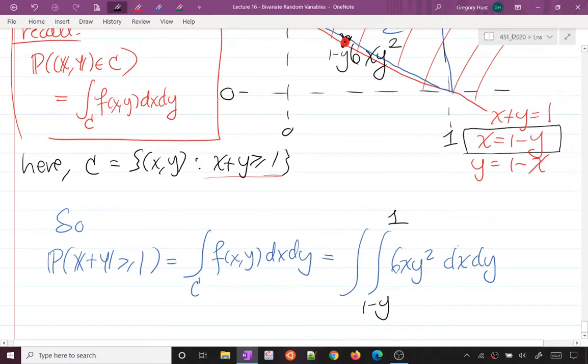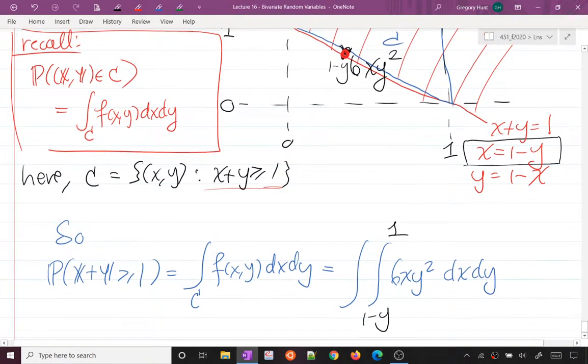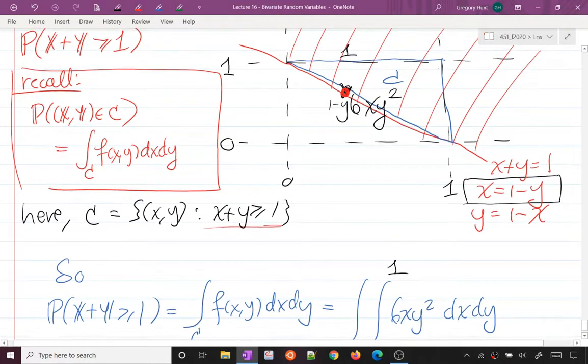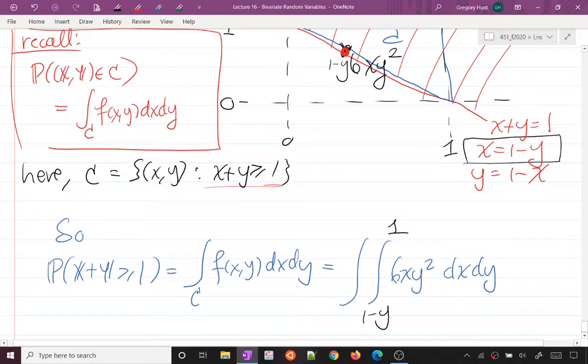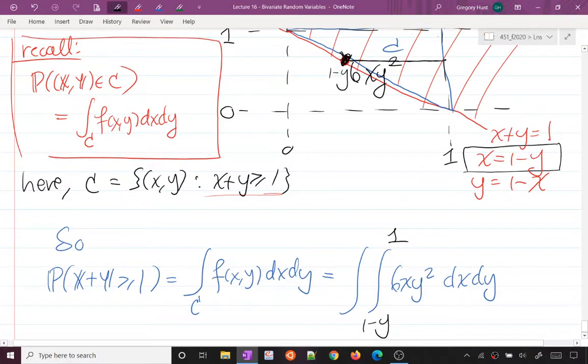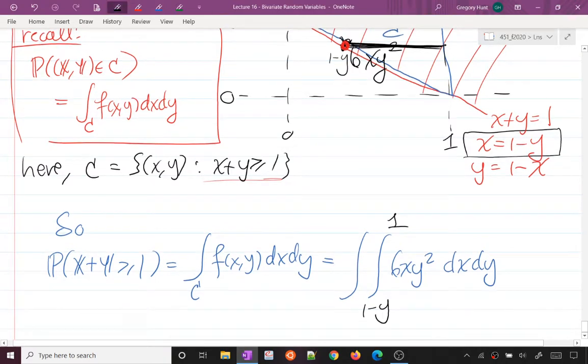If I fix, on my inner integral with respect to x, oh, I'm sorry, my inner integral with respect to x, right? So I'm integrating these slices. Sorry about that. Let's get this correct. Got to set these calc 3 problems up right. So I'm integrating with respect to x, so I'm integrating on these slices. It goes from, the math is correct, 1 minus y up to 1, right?